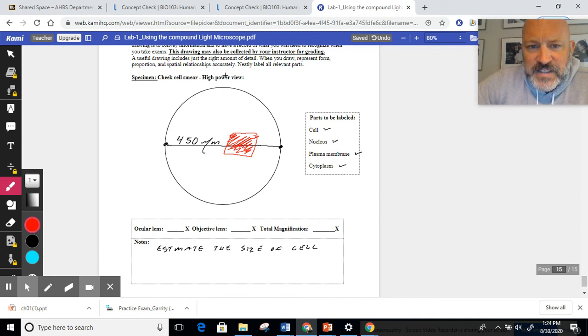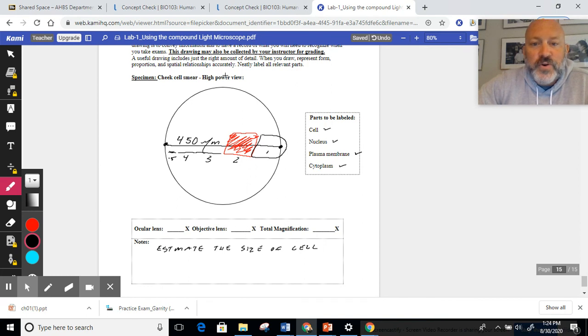If I wanted to estimate the size of this, I would ask myself, how many of these things could I fit across? And it doesn't have to be perfect, right? It's just an estimation. So I would say, I could probably fit another one over here, right? That's one, two, and then I could fit another one over here, three, and then another one over here, four. And then maybe a half of one over here, 0.5.